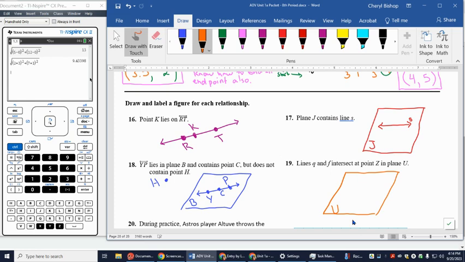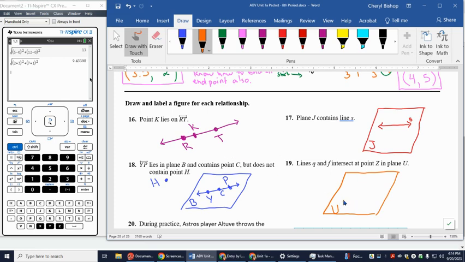It just says they have to intersect each other at point Z, and point Z has to be inside the plane. So I could draw one line in the plane and the other one going through the plane and hitting that line at point Z, but I'm not trying to be all fancy. So I'm just going to put both my lines in the plane.